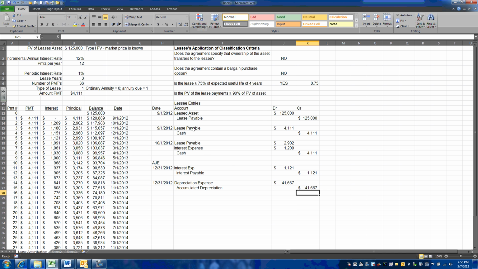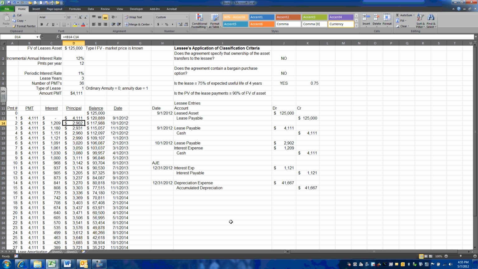So in our journal entries, we'll record the initial leasing of the asset with a debit to an asset account and an equal amount to a liability account. If we have a payment on the first day, that initial entry will show no interest expense. For all payments after that, we will go to an amortization table to determine the interest expense and the reduction in the lease payable.